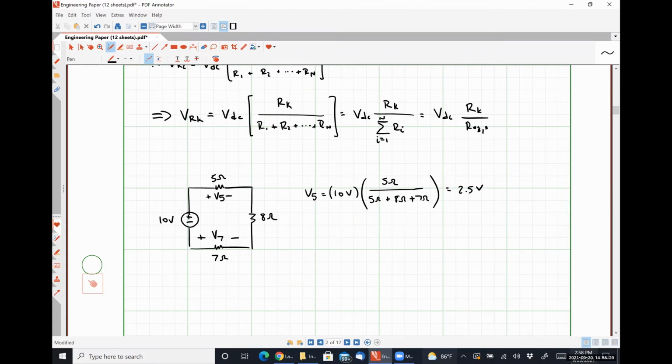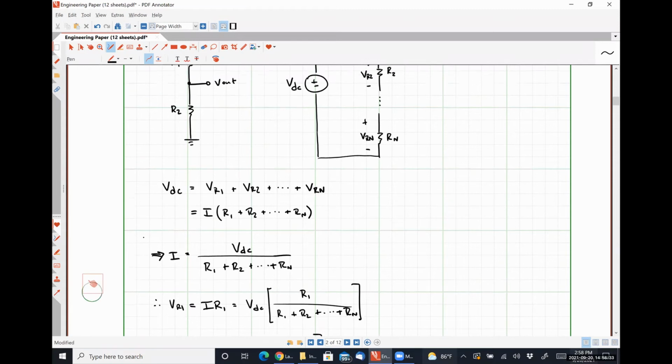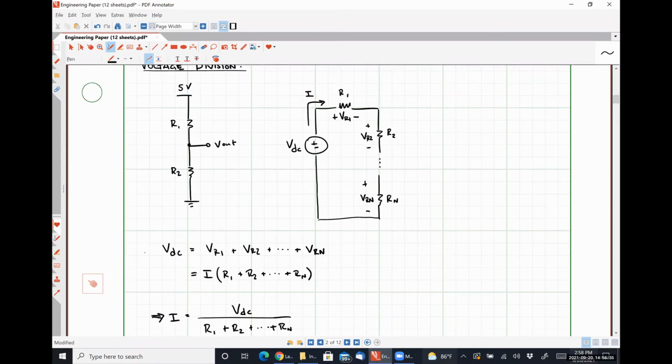So when I derived everything to use voltage division, let me scroll up here a little bit. All of my resistor voltage drops were of the opposite polarity of my source voltage, right?